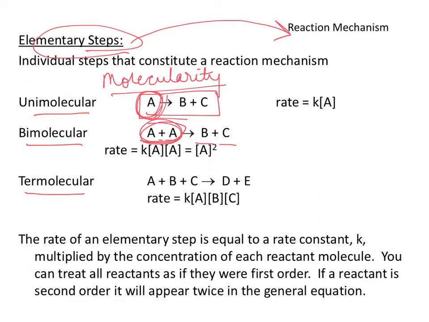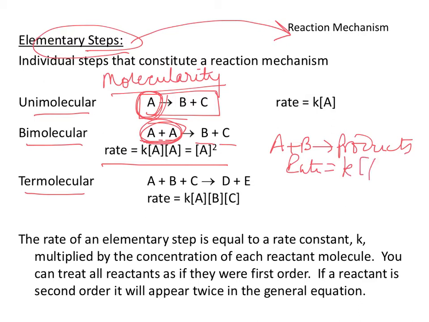So this could be of the kind where rate is equal to k[A]^2, or it could be of the kind where A plus B gives you products, and so the rate is equal to k times the concentration of A times the concentration of B. Both of those are bimolecular reactions.